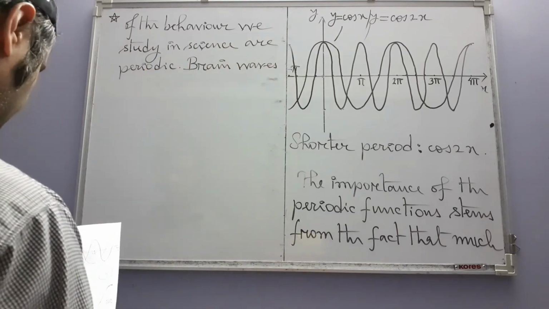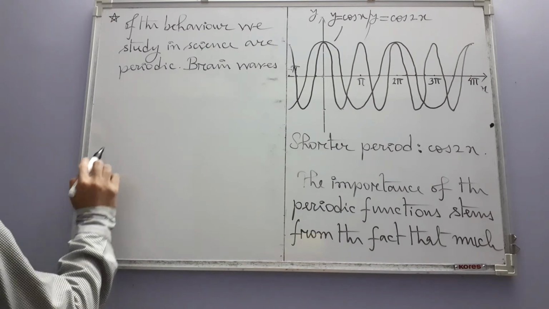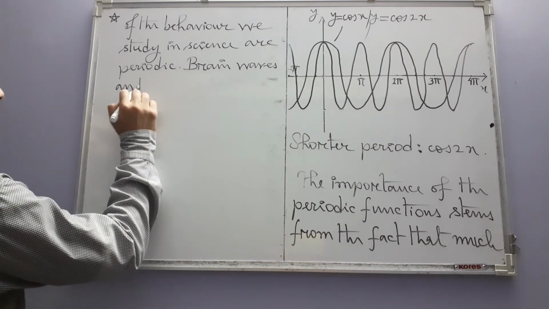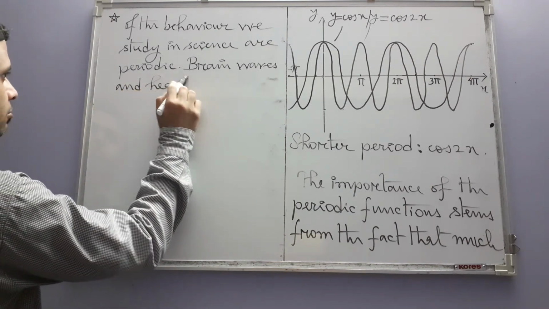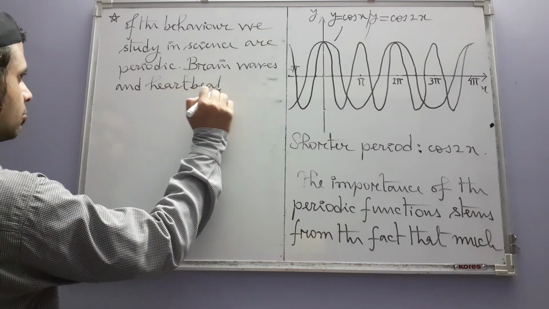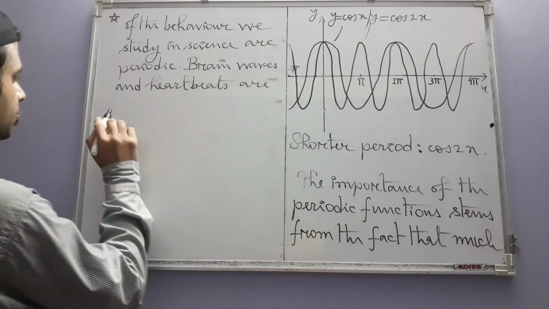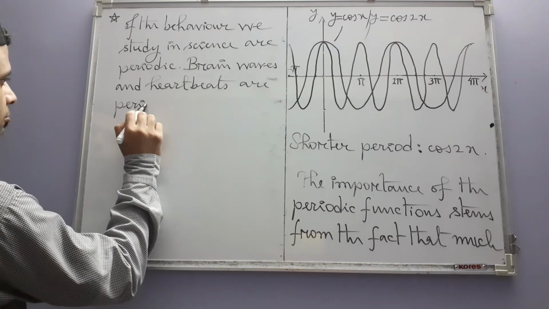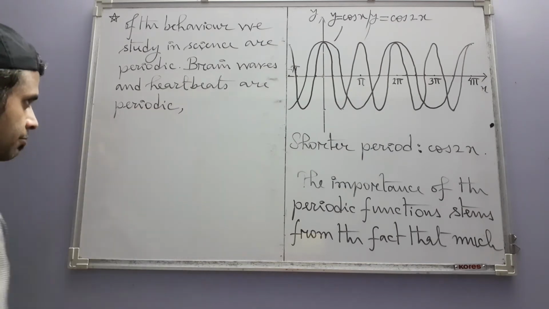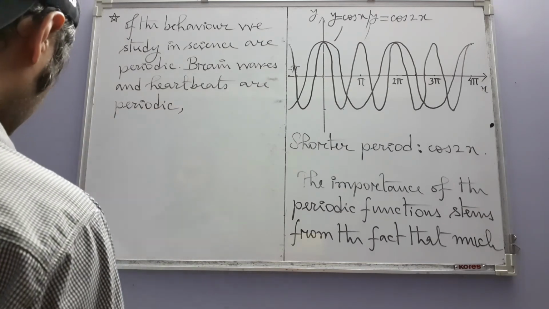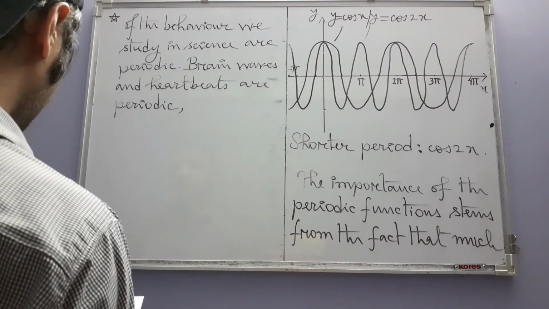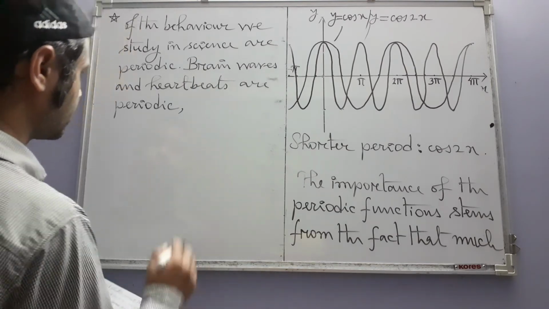Brain waves and heartbeats are periodic, of course, as are household voltage and electric current.